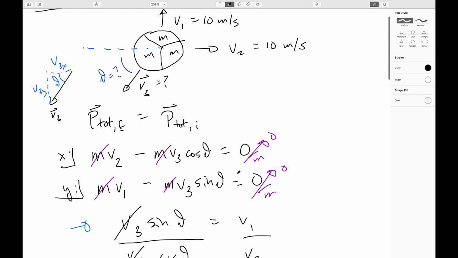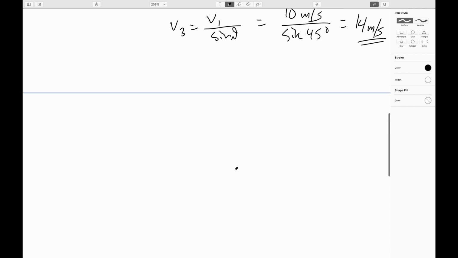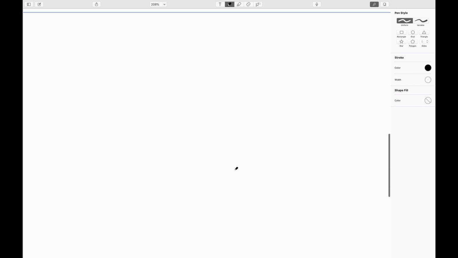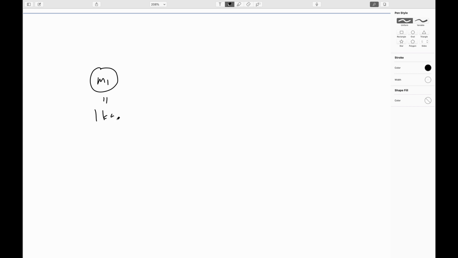So I'll conclude this video by doing one more example. So let's say you've got a sheet of ice. And here I will have a 1 kilogram object going at, let's say, V1 initial of 5 meters per second.